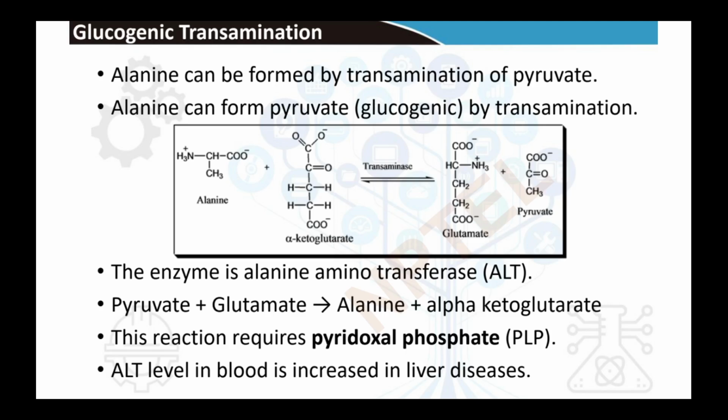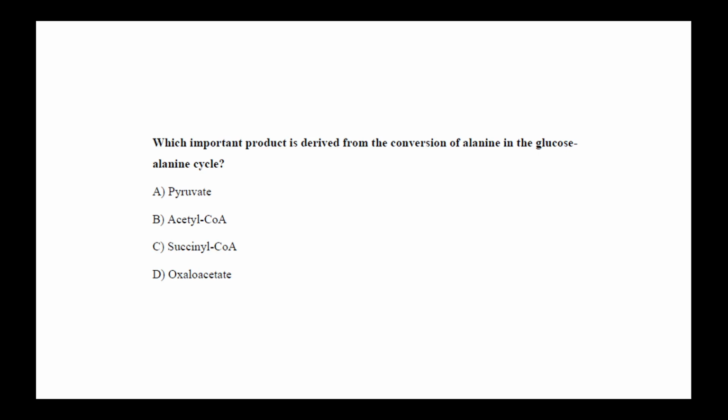So this ALT is basically the SGPT enzyme, and an increased level of ALT or SGPT signals towards liver diseases. Okay. I hope that's clear.